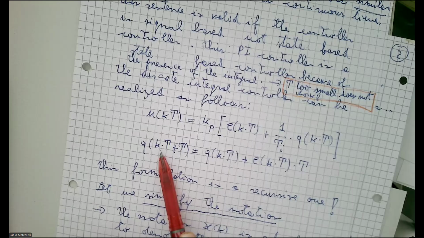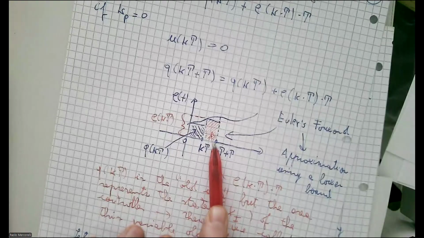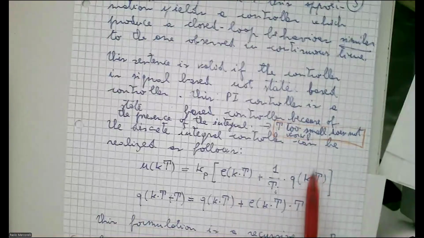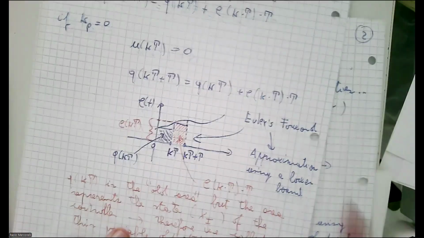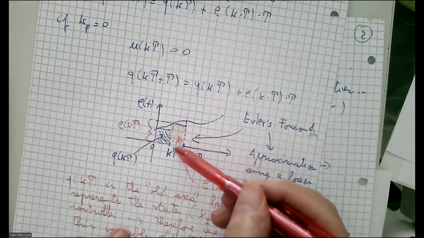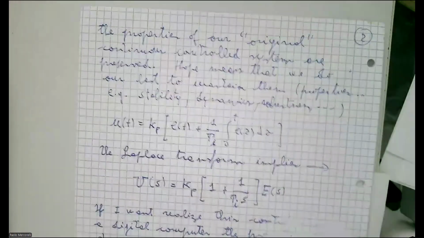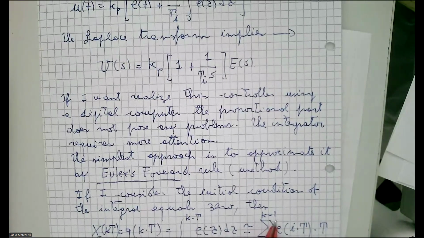Because what we have at time kT plus T, in terms of surface, is the past surface, the blue surface, this here, plus this element here with the amplitude multiplied by T. The amplitude at time kT multiplied by T. And this can again justify why the integral here is running until k minus 1. Think about that, but it's intuitive in this sense.